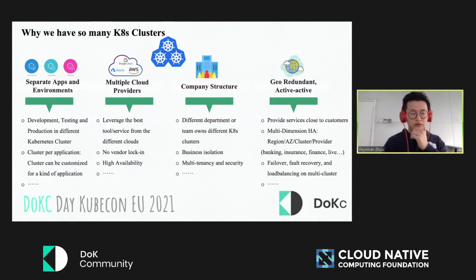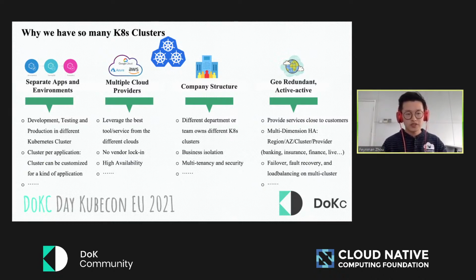So you may need to take the strategy of a cluster per application. For instance, you may need to create a cluster with GPU nodes only for the machine learning and AI application. So you have to set different clusters for the single use.